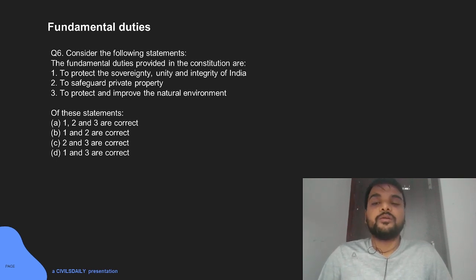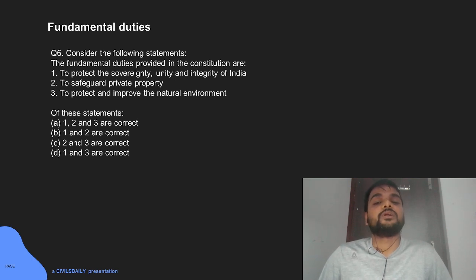To safeguard private property, okay, we have a fundamental duty to safeguard public property, not private property. For private property, we have civil laws under which a case can be brought against you if you destroy private property. And then to protect and improve the natural environment.